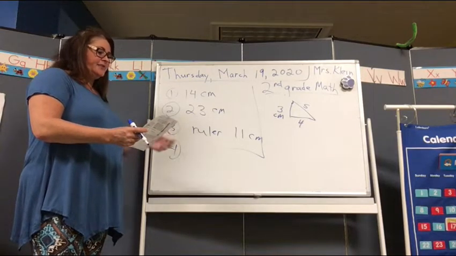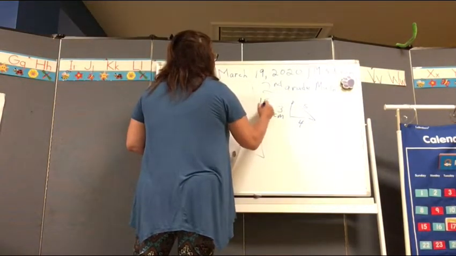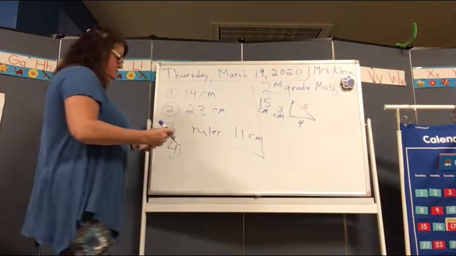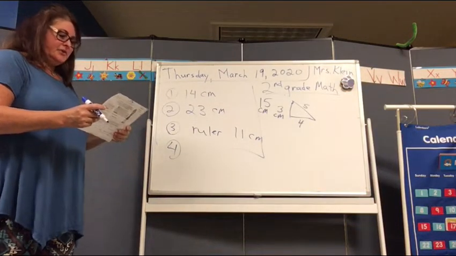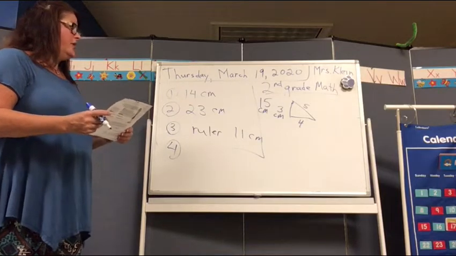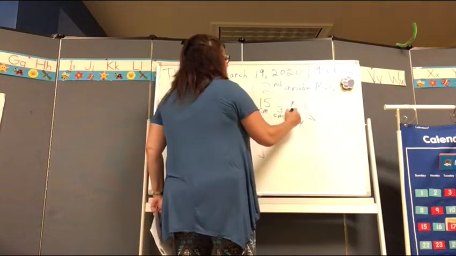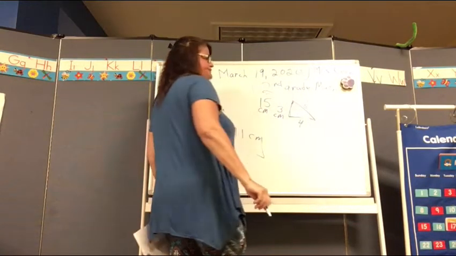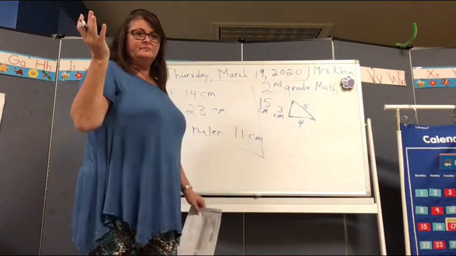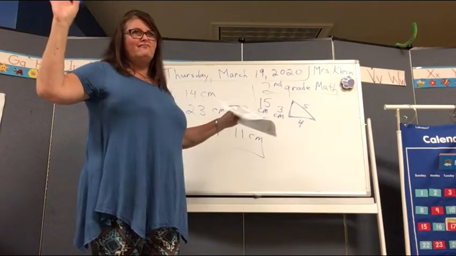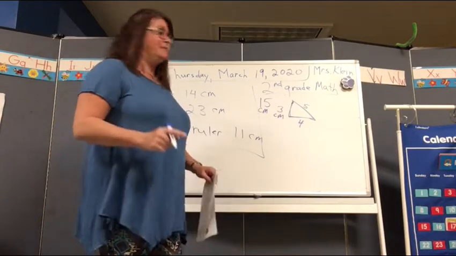She has a string that is 15 centimeters long. So what do you think we have to do with a string in order to get our measurement here? This, and this. I know you're all freaking out with answers, but this is how you do it.